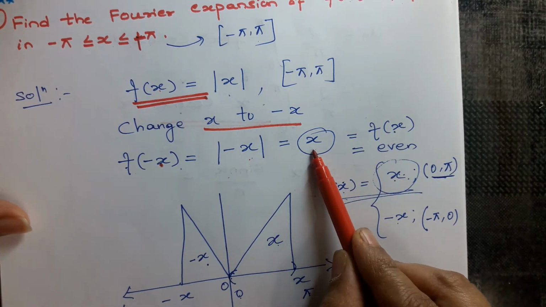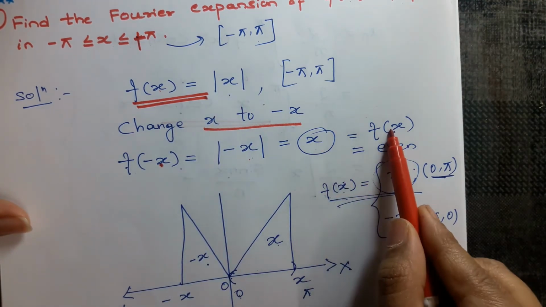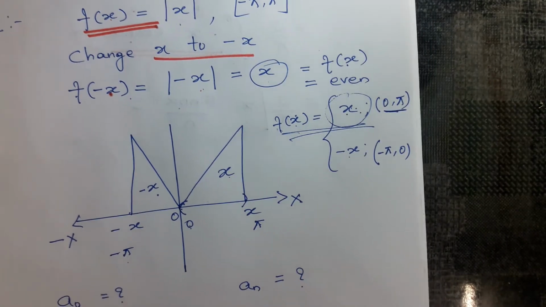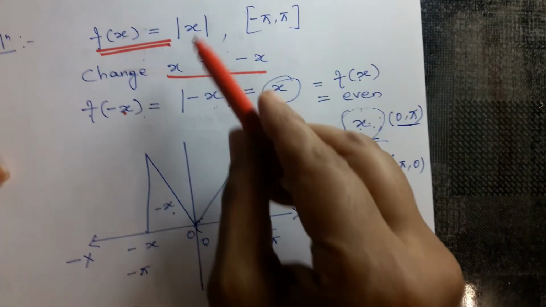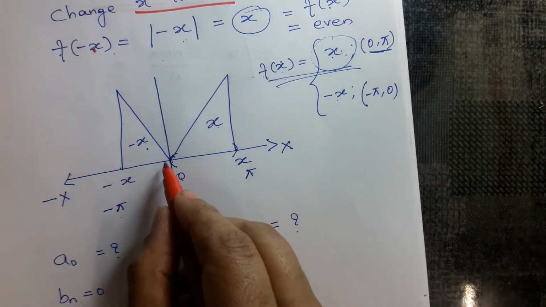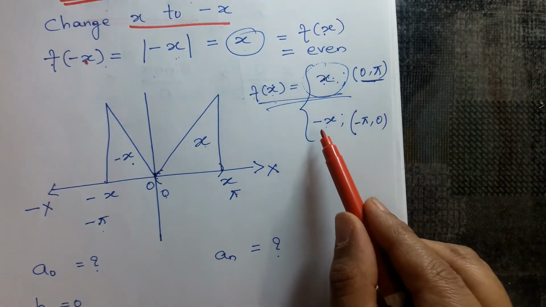But what is x? Is it plus x, f of x, or minus f of x, I don't know. Okay. So we will define what is modulus of x here. Take a look at this figure. Modulus of x means it takes plus value as well as minus value.